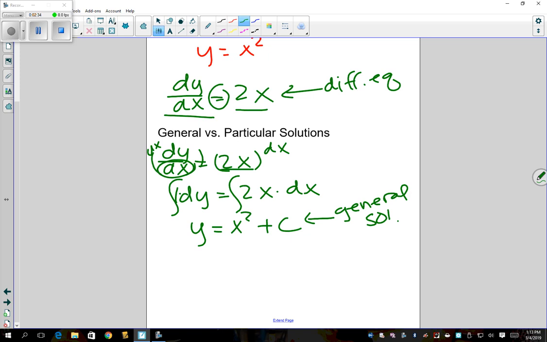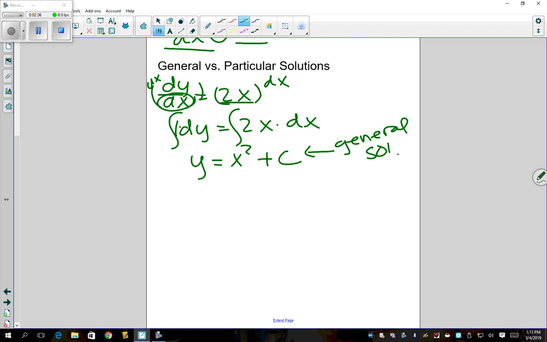If I wanted to find a particular solution, let's say when x equals 0, y equals 5. If I was given this information, then I could find a particular solution. Once I found my original equation, I can plug in 0 for x and 5 for y.